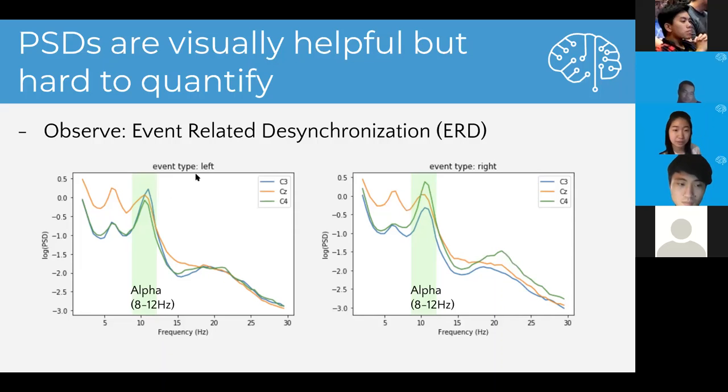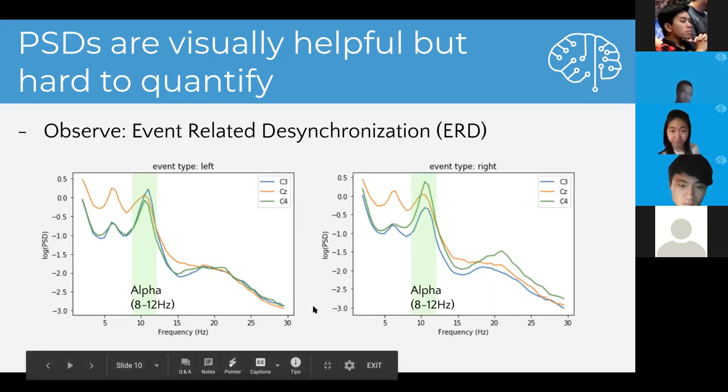And similarly, when you think about moving your left hand, the power on the right-hand side hemisphere of your brain, which is covered by the C4 electrode, will also see a reduced power in the alpha band. And these are, again, mu waves, as we talked about last time.